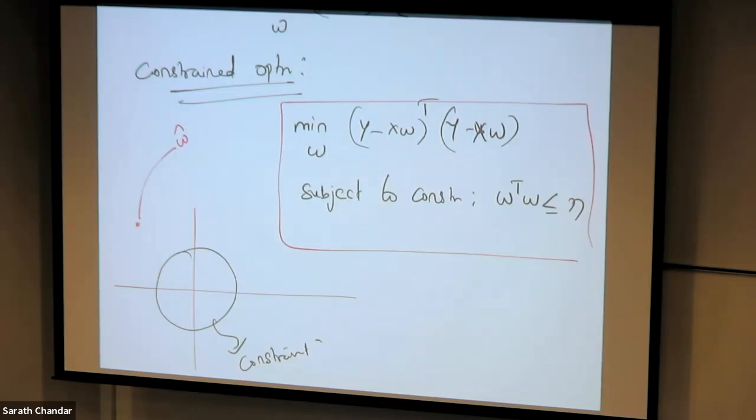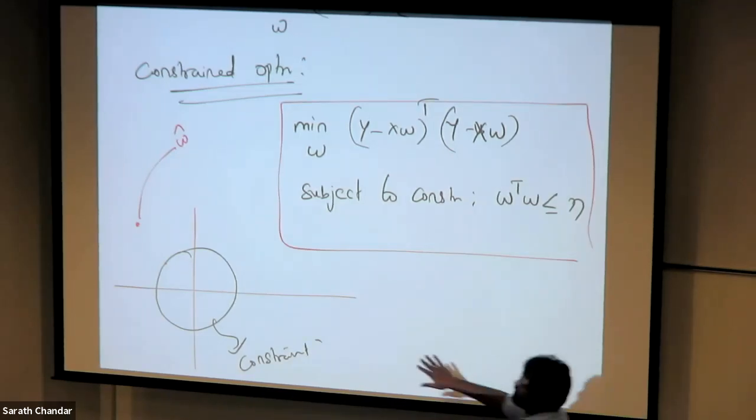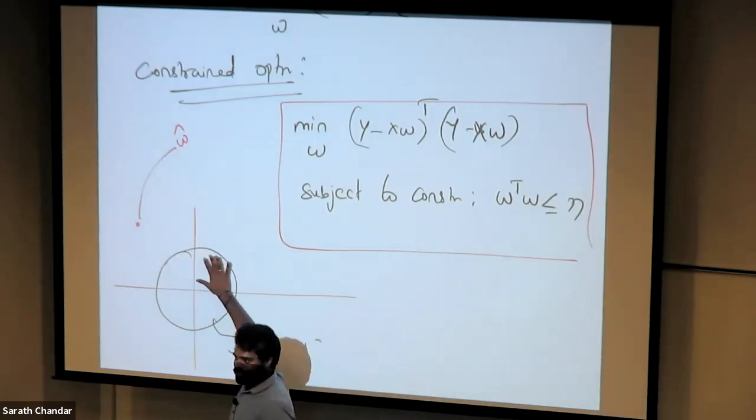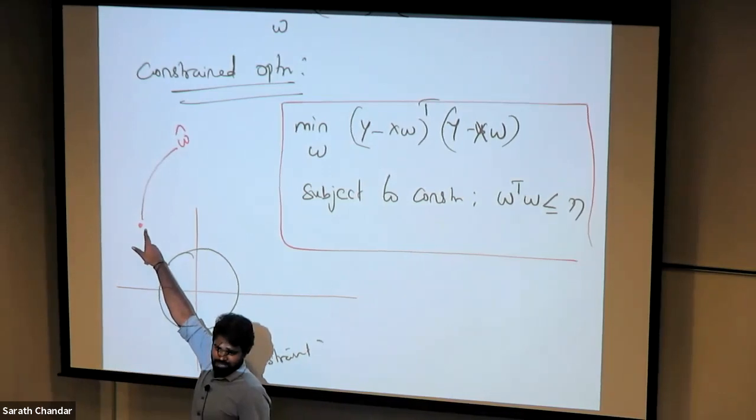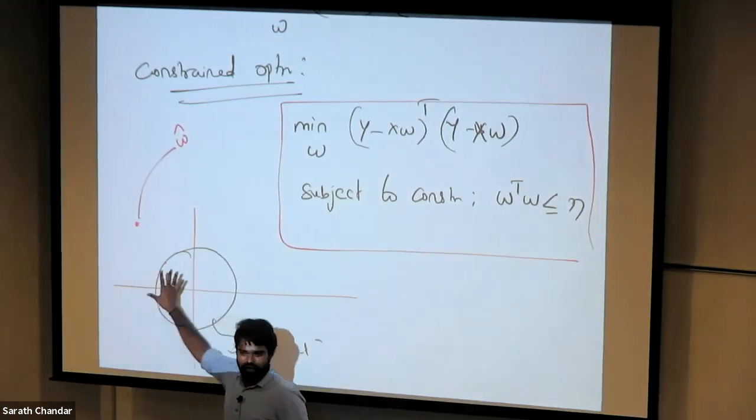Then how would you find the W that is closest to this W and is still allowed? It's going to be somewhere here, right? You want to stay within this region of parameters, but you want to achieve this solution. Well, it is not possible because you have a constraint here.